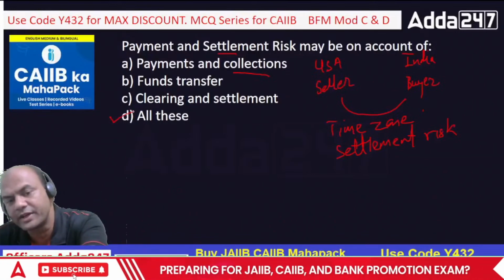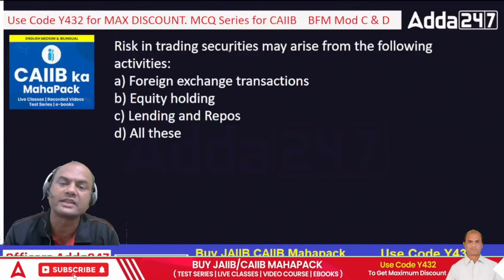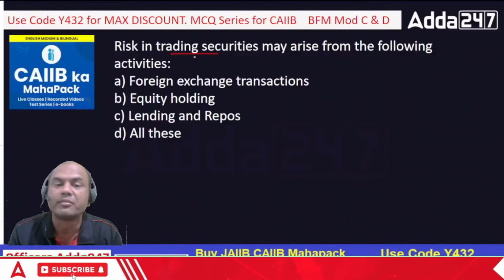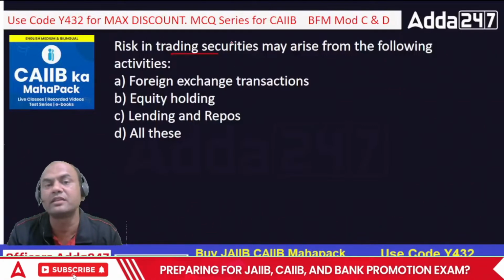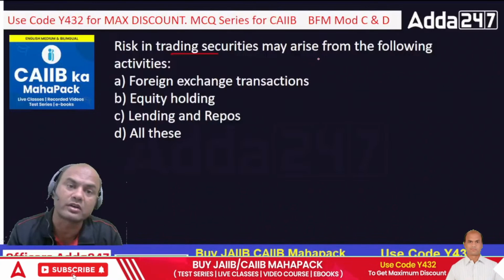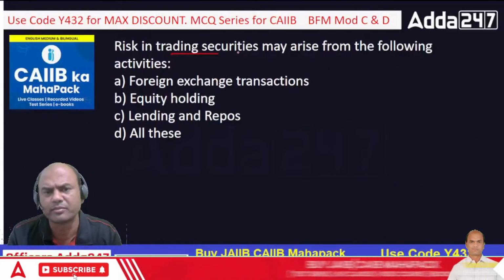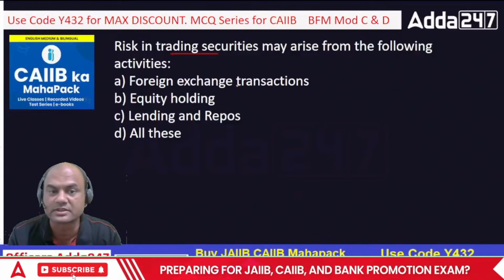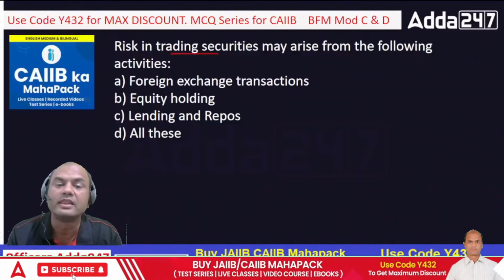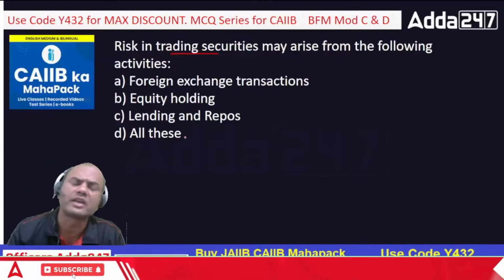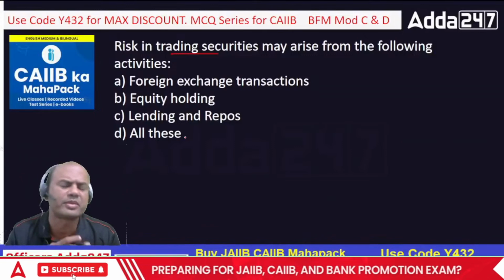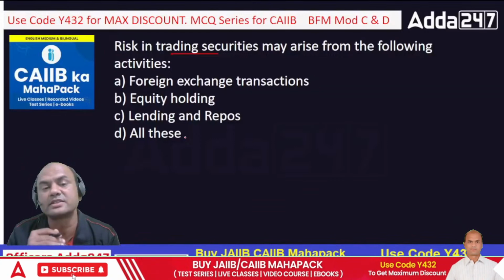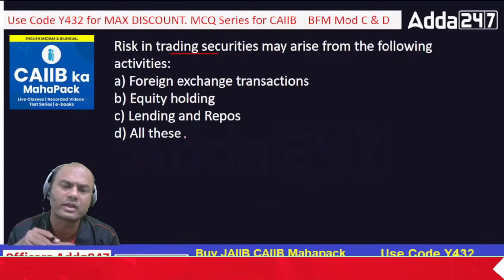Next one. Risk in trading securities may arise from the following activities. Here, trading securities means what? Trading is always done in terms of either stock or bonds or gold, anything basically. So risk in trading securities may arise because of foreign exchange transactions, equity holding, lending and repos, and all of these. Will this happen because of foreign exchange transactions?